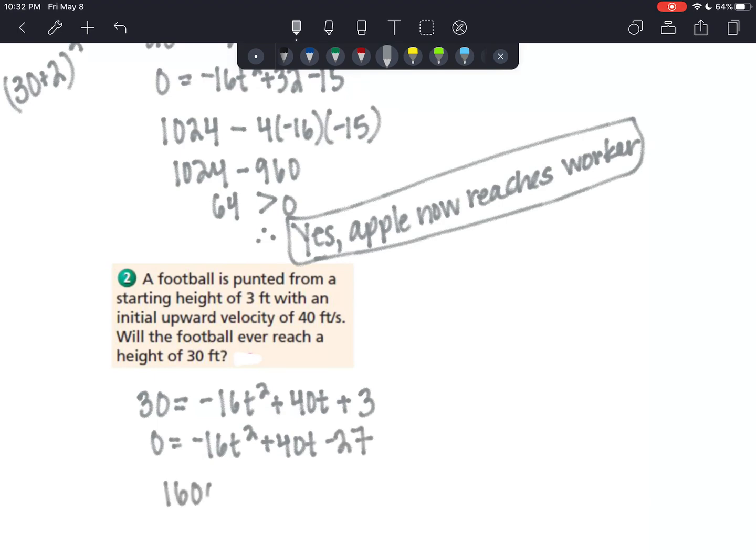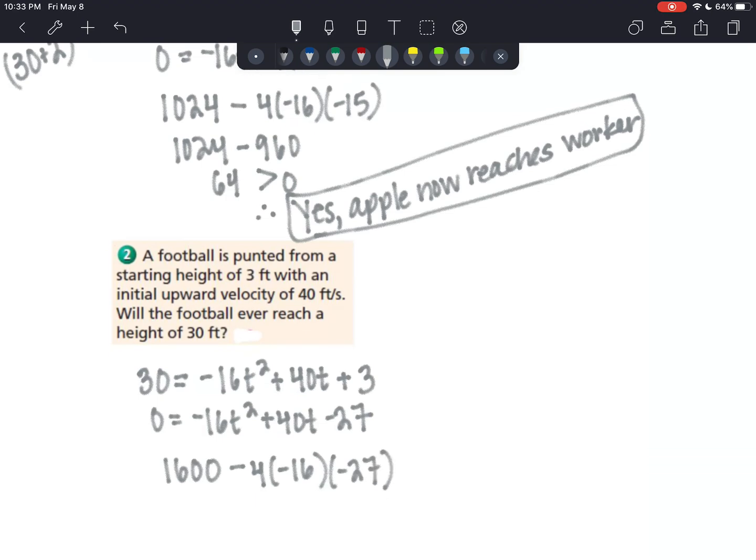B squared is going to be 1600 minus 4 times negative 16 times negative 27. It's a lot of work there. I'm going to end up having 1600 minus 4 times 27 is 108. 108 times 16 is 1728.